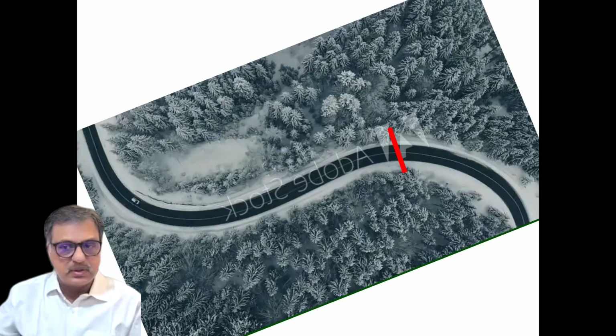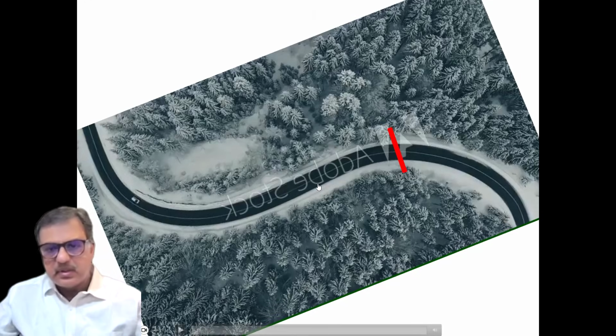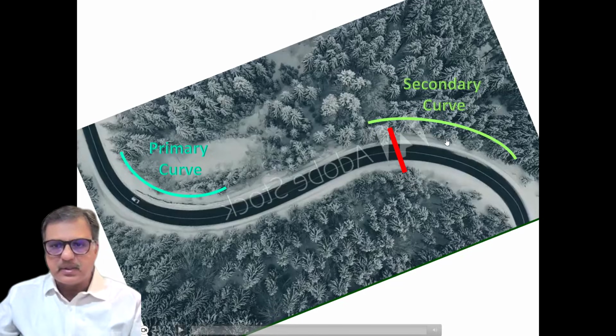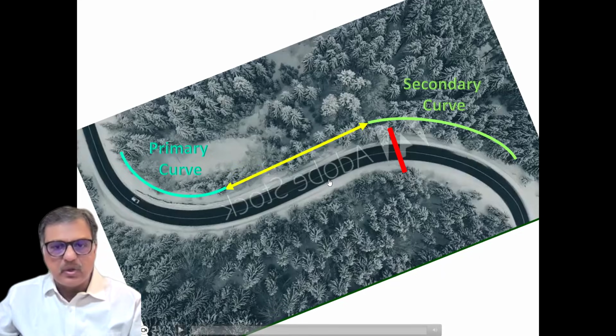Let's understand this. Suppose this is a curvy mountain road, and this is your target. Fine. So it has two curves. One is the primary curve, and the second is the secondary curve. The line joining the primary curve and secondary curve is this yellow line, which is relatively straight.